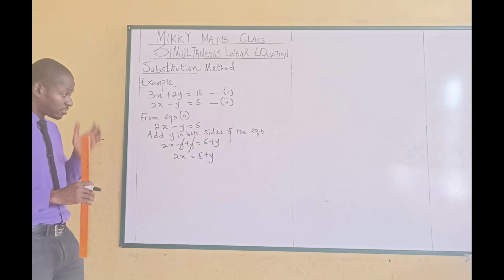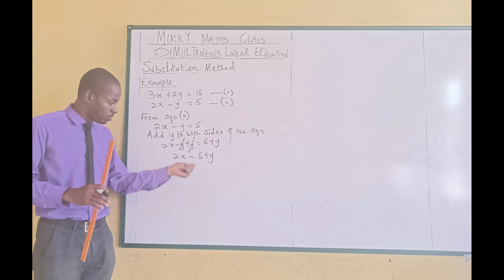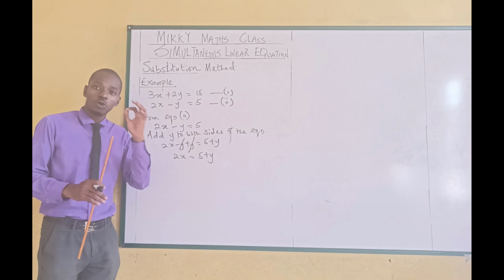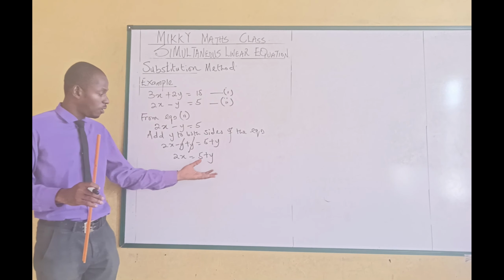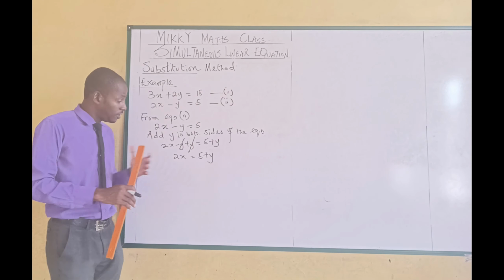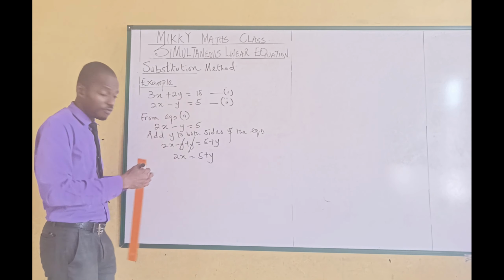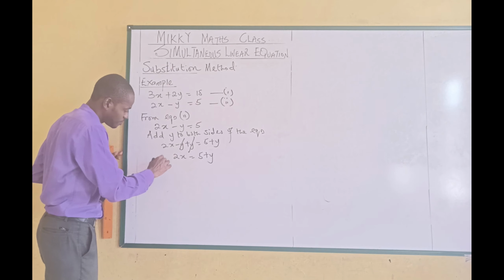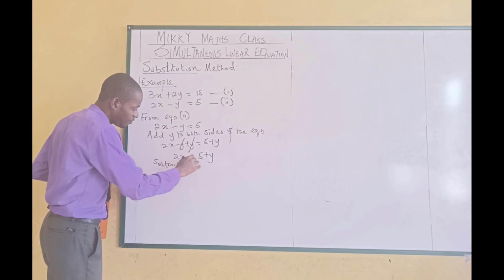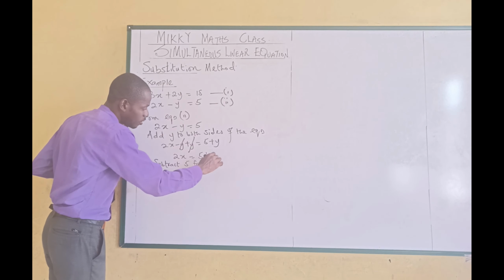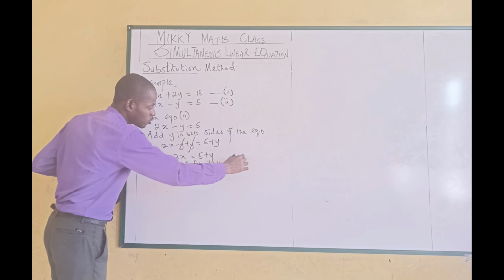Now what is preventing y from standing alone is positive 5. To remove positive, we introduce negative. So to remove positive 5, I introduce negative 5. So subtract 5 from both sides of the equation.